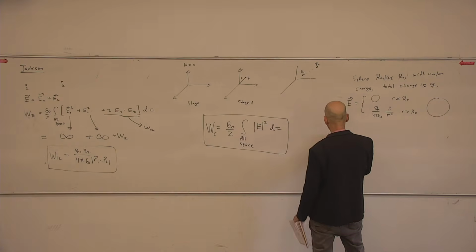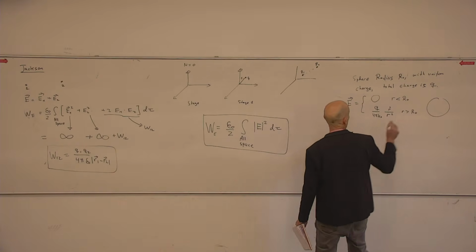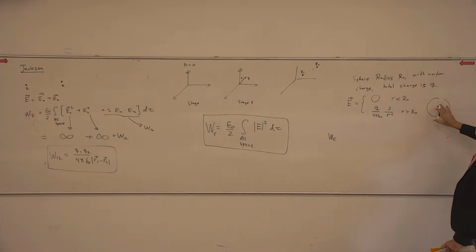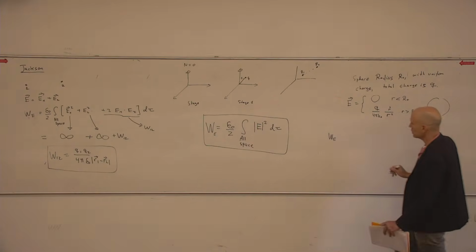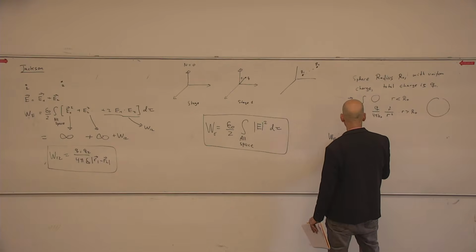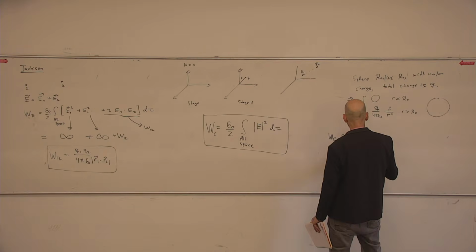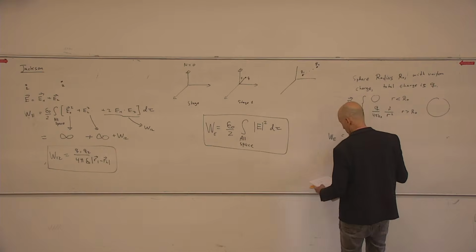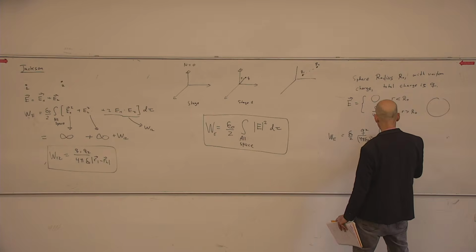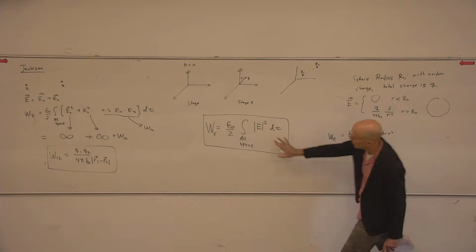So what we have here is W_E. I need to measure the electric field everywhere. Inside is 0, so I can measure it or not. And then this is equal to the following, using this equation: epsilon 0 over 2, times Q squared over (4 pi epsilon 0) squared, times the integral dr r squared, again integrating over all space.